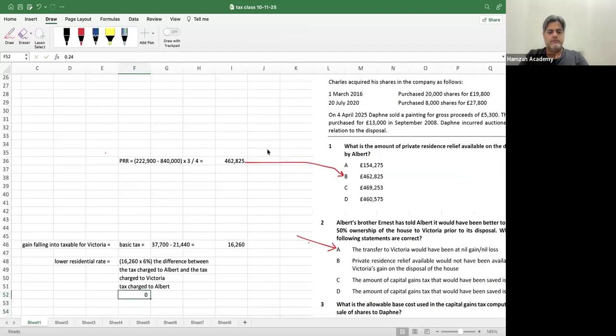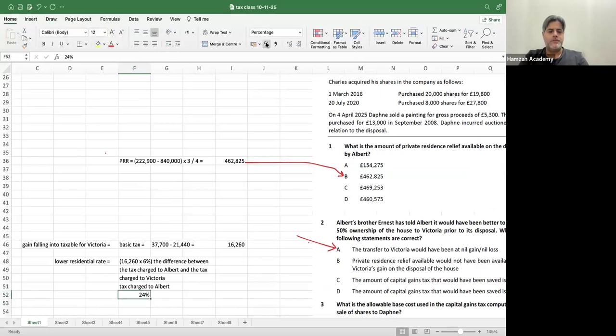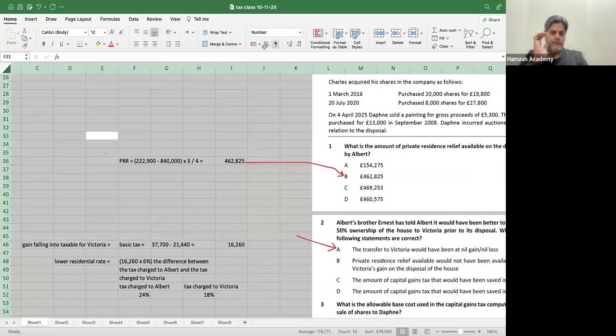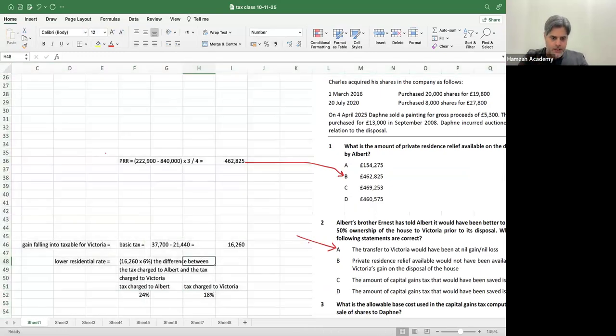And this is going to be the percentage over here. And tax charge to Victoria, that is 18%, right? So technically speaking, the difference 24 minus 18 is 6%.